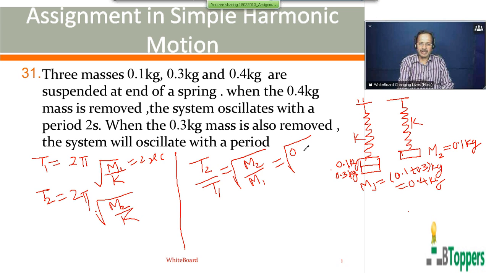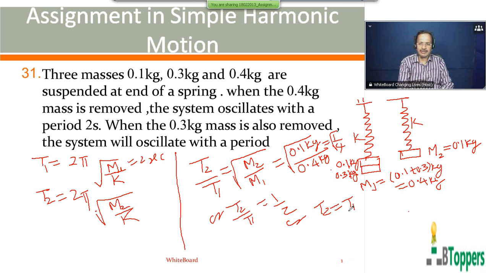Here m2 can be taken as 0.1 kg, m1 equal to 0.4 kg. That is square root of 1 by 4, or t2 by t1 equals 1 by 2. So the time period in the second case is half of the time period in the first case. Time period in the first case is 2 seconds, so the time period in the second case will be 1 second. So the answer is 1 second.